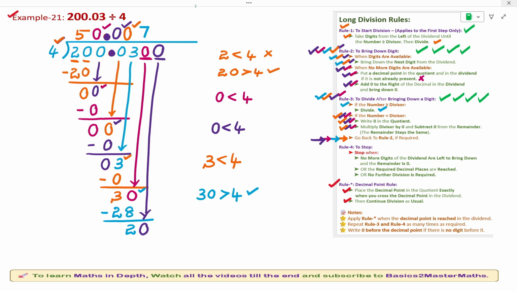Now, rule 2 is complete for the fifth time.